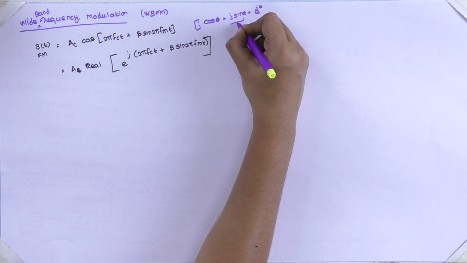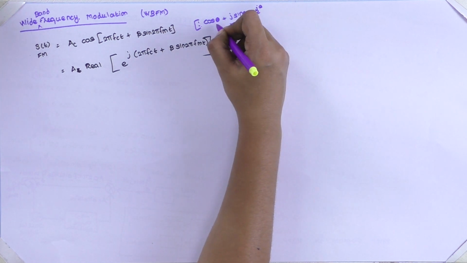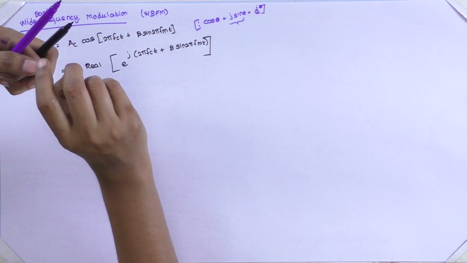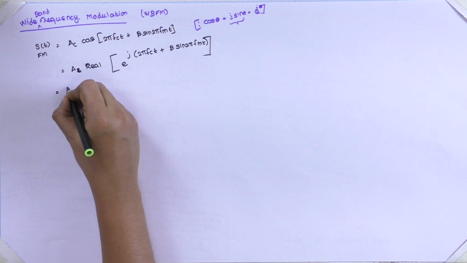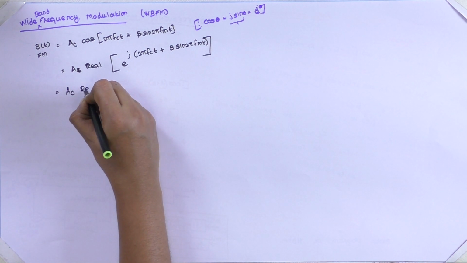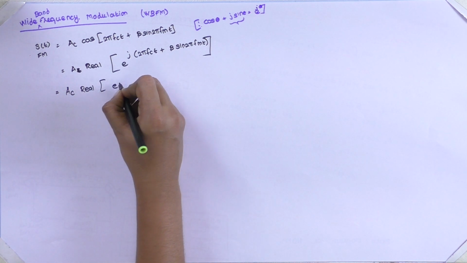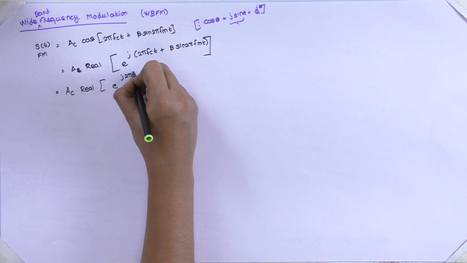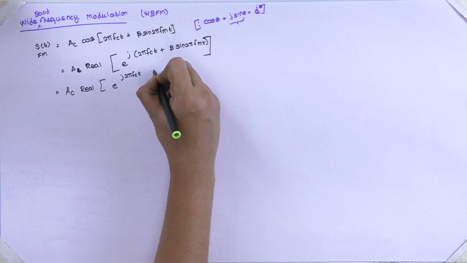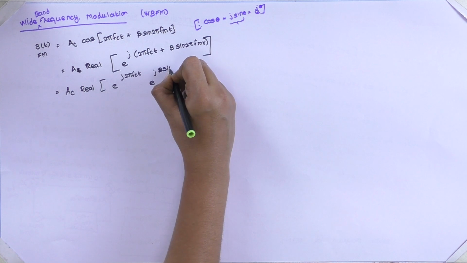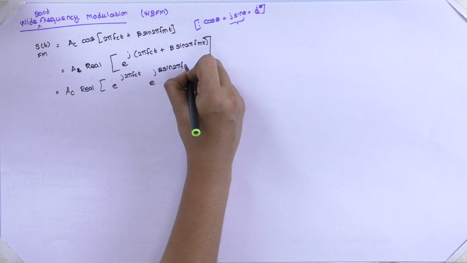Since we don't have an imaginary part, we are simply replacing this theta value here. Therefore, the expression can be reduced to Ac, the real part of e power j 2 pi fct into e power j beta sin 2 pi fmt.